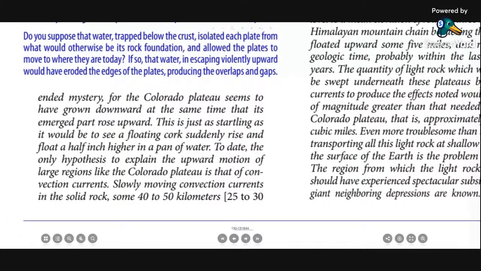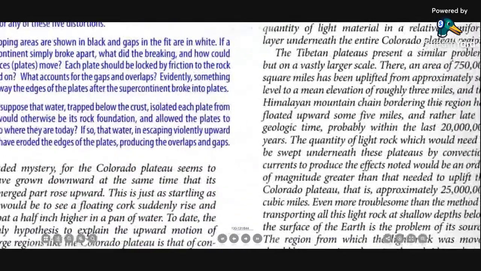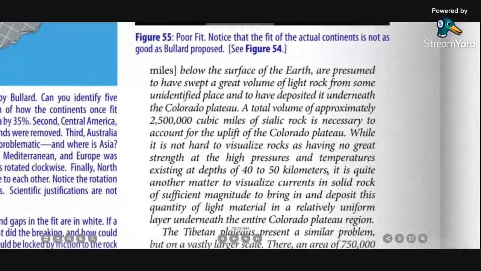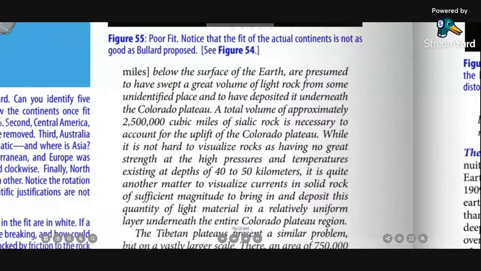To date, the only hypothesis to explain the upward motion of large regions like the Colorado Plateau is that of convection currents. Slowly moving convection currents in the solid rock, some 40 to 50 kilometers, 25 to 30 miles below the Earth's surface, are presumed to have swept a great volume of light rock from some unidentified place and to have deposited it underneath the Colorado Plateau.